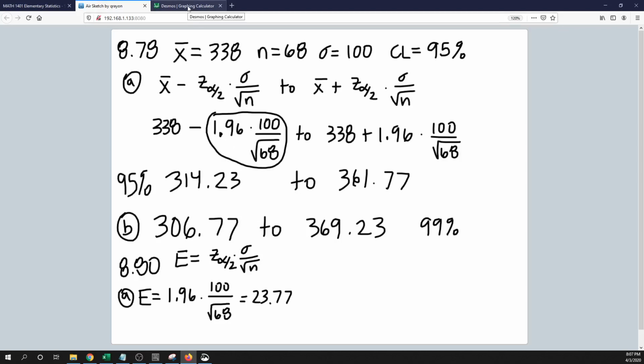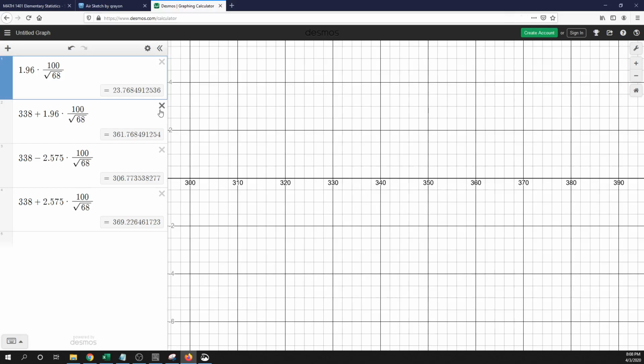And so for part B, the z of alpha over 2 is going to be 2.575 for a 99% confidence interval. All right, but otherwise everything else is going to be exactly the same for this problem. So I get 31.23.